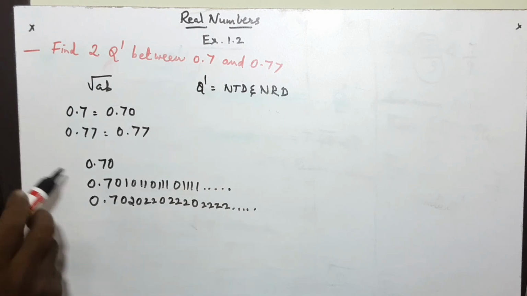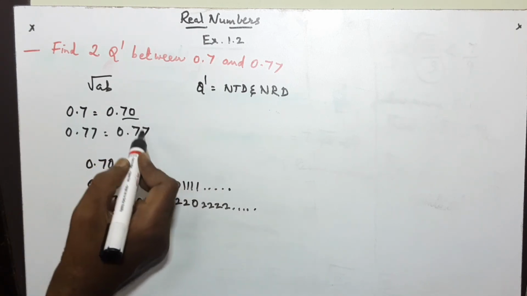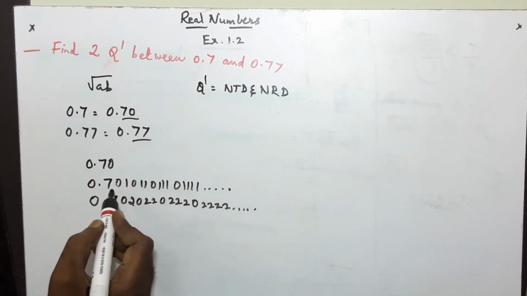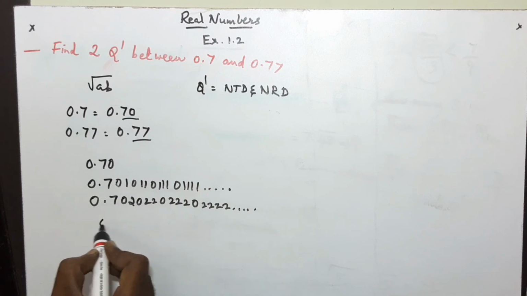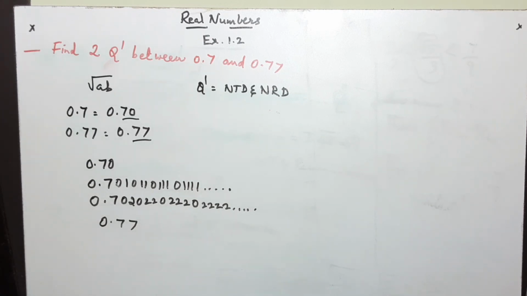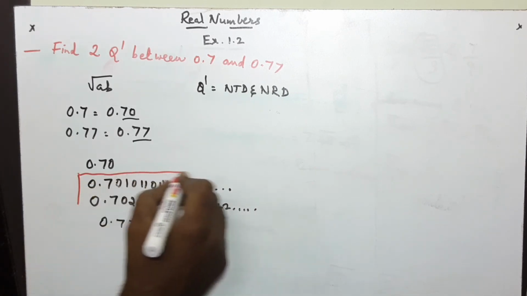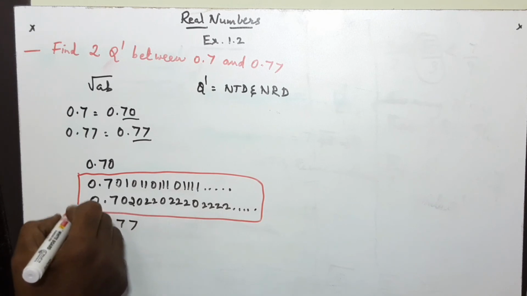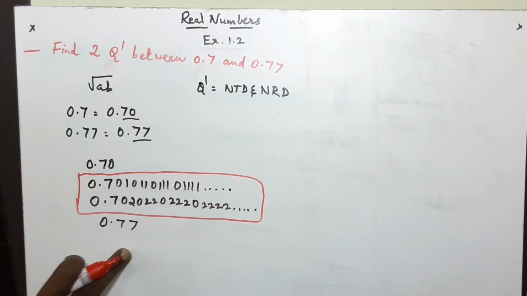The two irrational numbers should lie between 0.70 and 0.77. So we have taken 0.701... and 0.702... These are the two irrational numbers between 0.70 and 0.77.